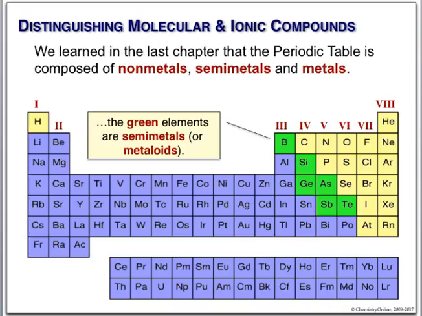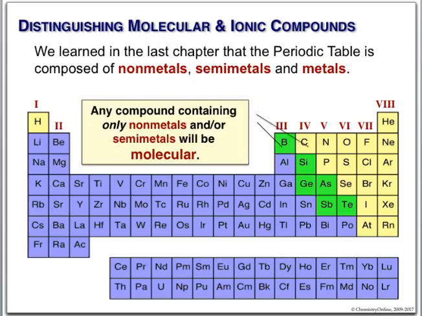Now, this is important. Pay attention. Write it down, remember it. If you have a compound containing only nonmetals and or semimetals, it will be molecular. That is, it will have covalent bonds. Period.